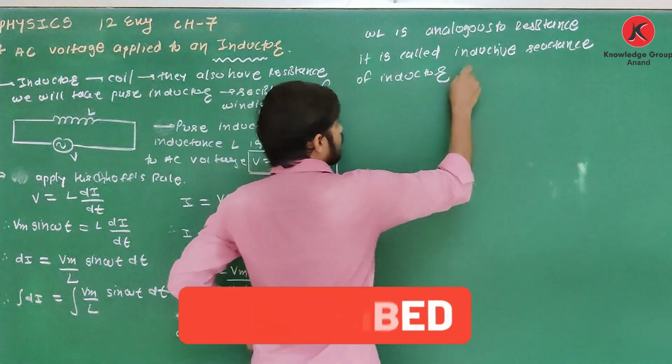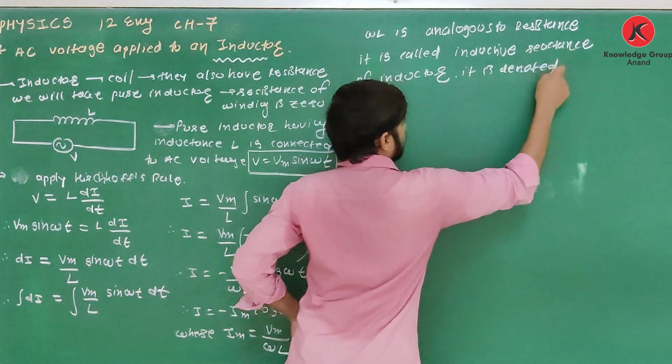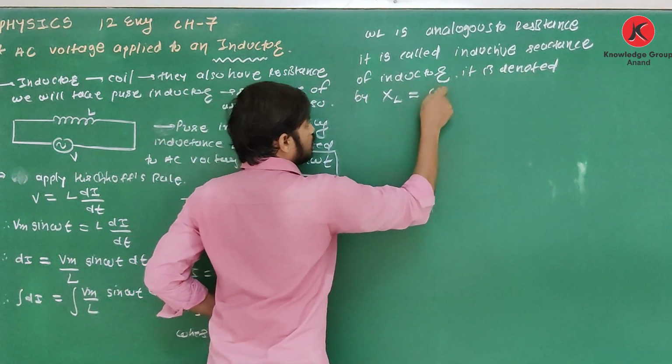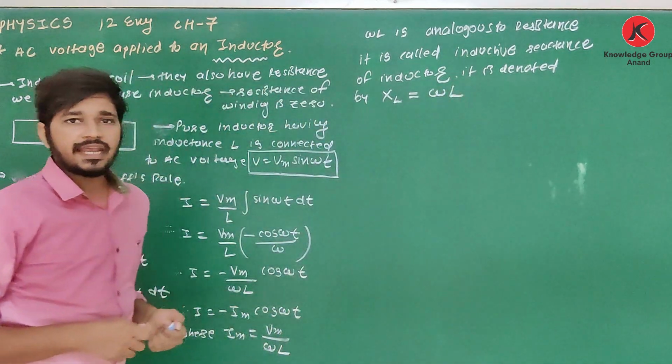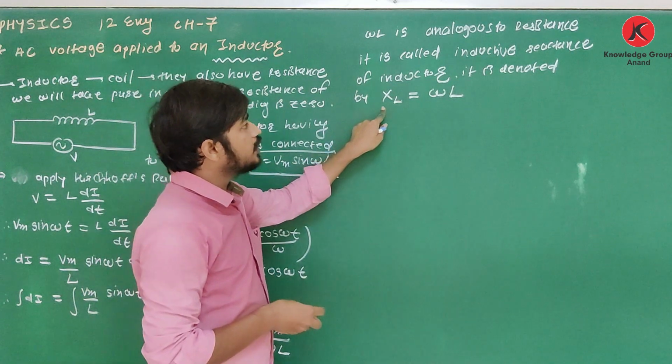It is denoted by XL is equal to omega L. What is omega? Angular frequency. What is L? Inductance. And it is called inductive reactance.